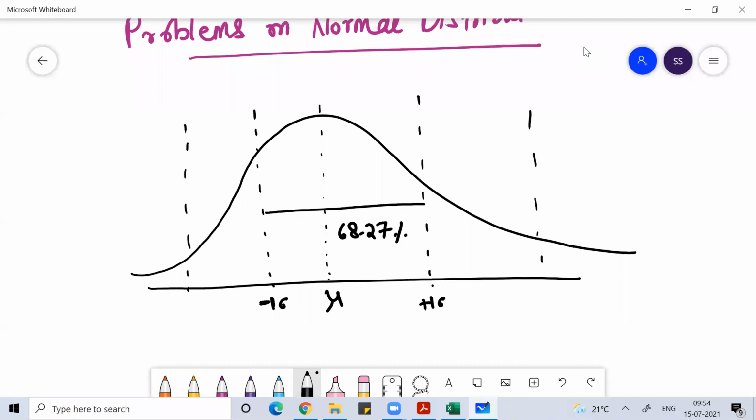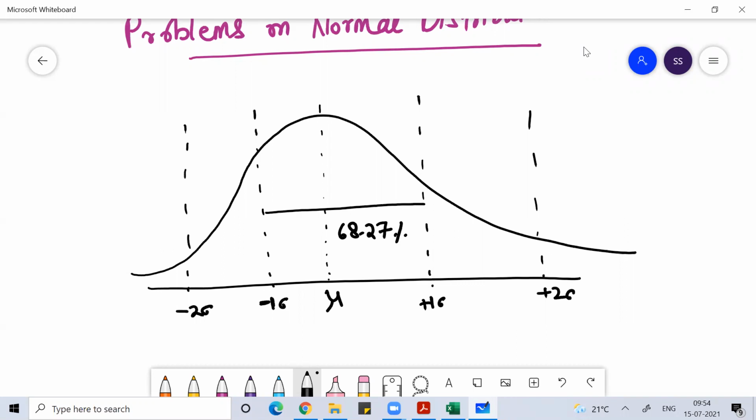Similarly, when we look beyond, your data can lie in the plus minus of two standard deviations. We have studied something called measure of dispersion. Under measure of dispersion, we studied standard deviation, variance, range, quartile deviation, coefficient of variation.